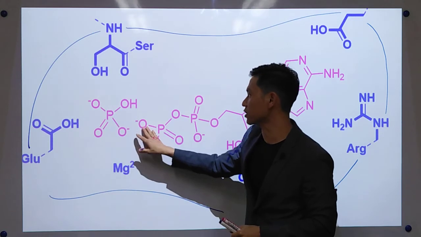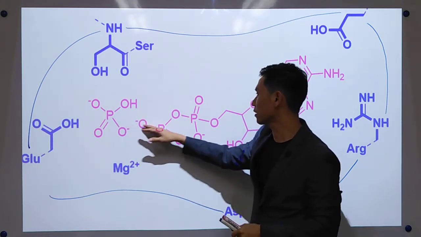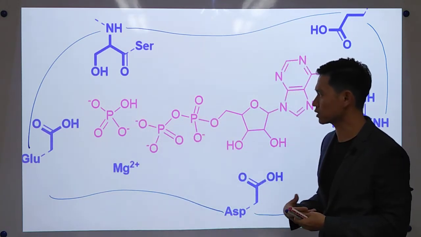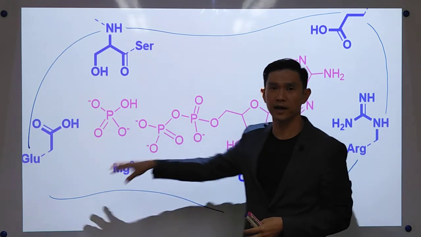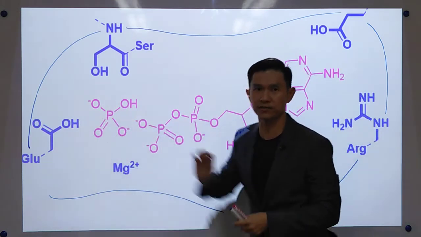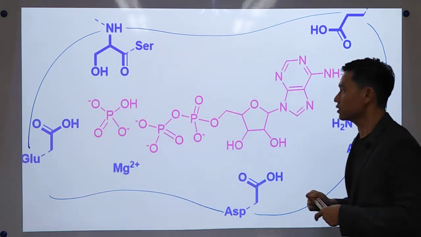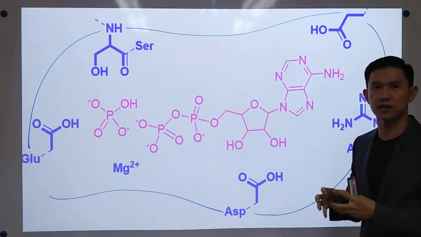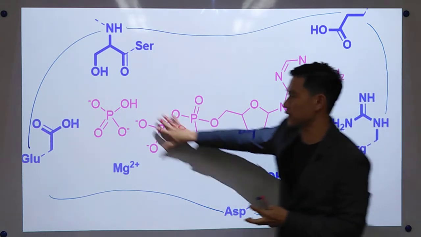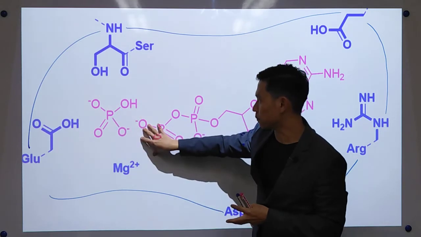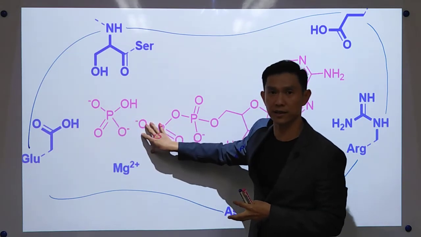So after condensation here, you will have ATP as a product, adenosine triphosphate. Actually the center of the reaction region is here, because you have to condense two of these units together.